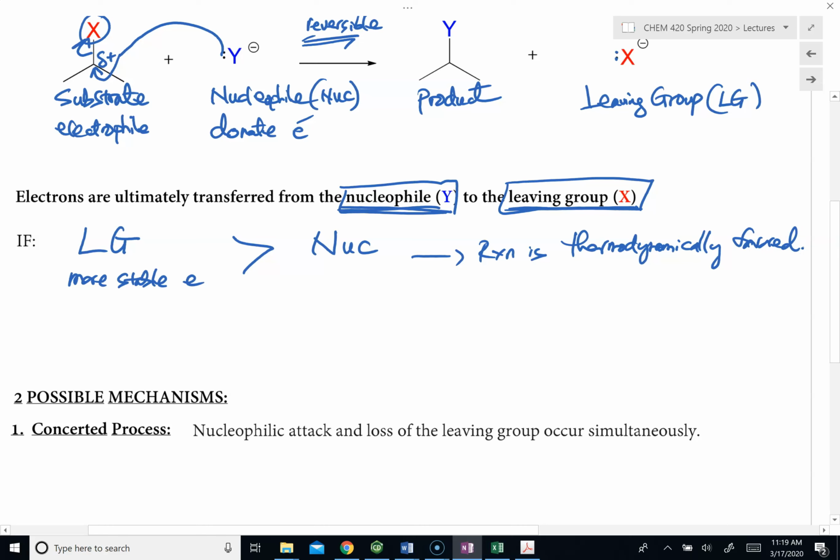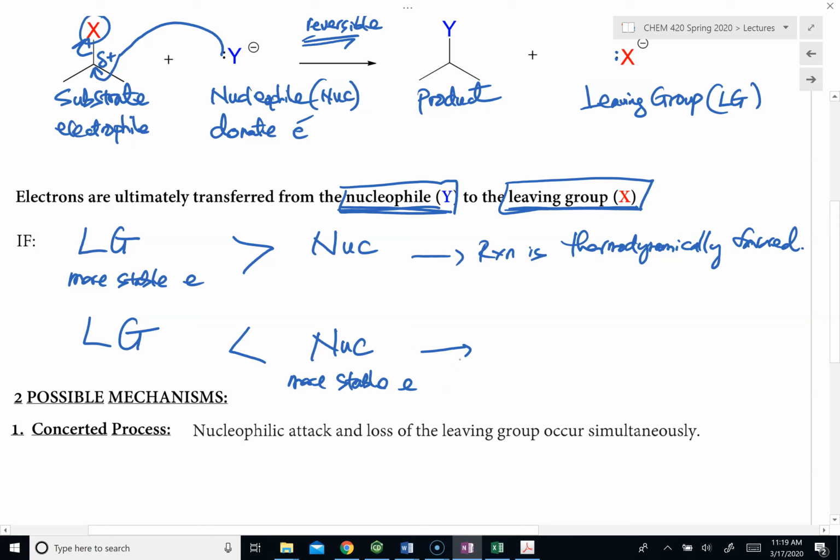And if we were to have the opposite, if the electron on the leaving group, whatever this leaving group may be, is not as stable as the electron on the nucleophile, so let's say here we have the more stable electron, then this reaction right here may happen.